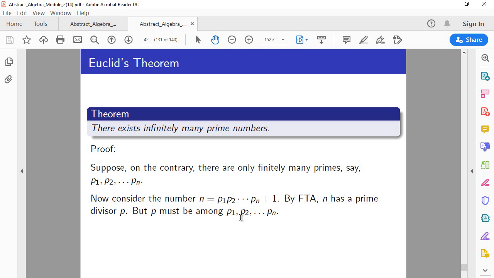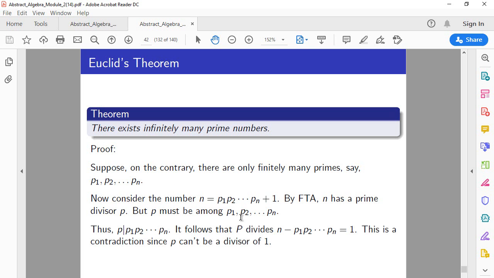Well, let's see. Since p is among these prime numbers p1 up to pn, p must divide the product of these prime numbers. So p divides p1 times p2 times pn.